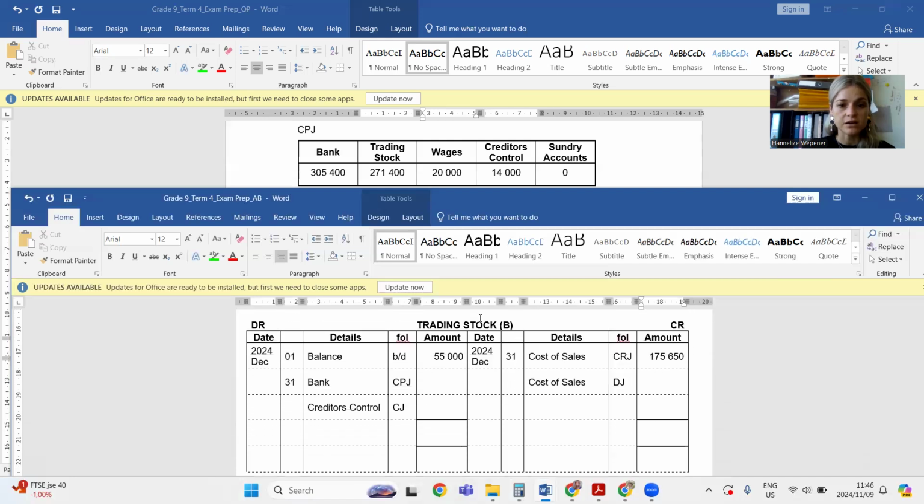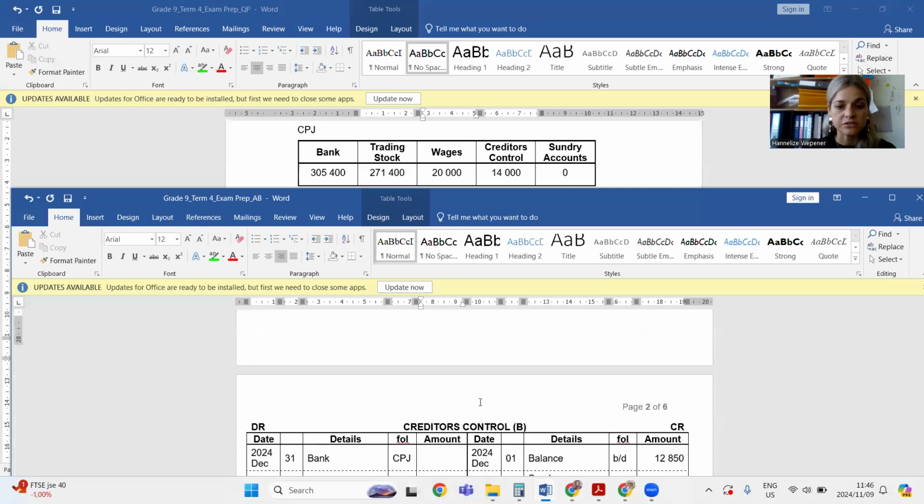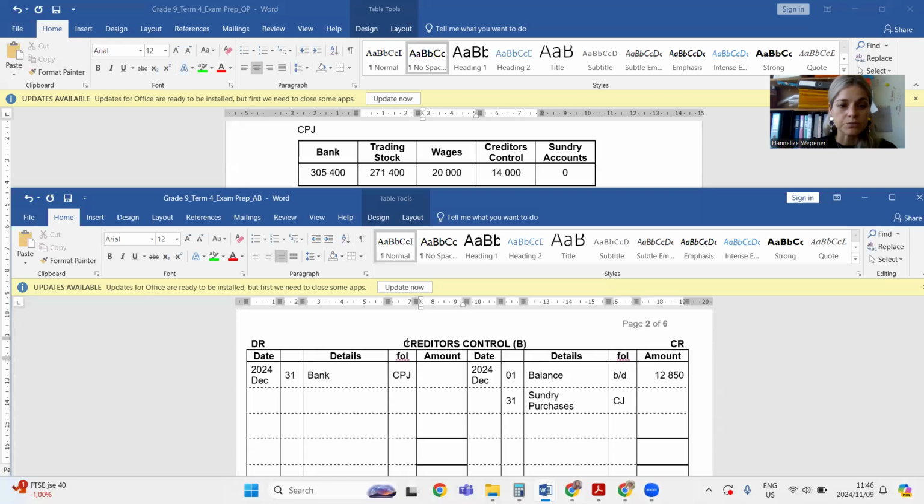So we go to trading stock. We purchase this cash, 271,400. We also paid for wages, but we don't have to do the wages account, so we're going to ignore that. And then we paid our creditors. We do have to do the creditors control. So we now owe this creditor less money because we paid 14,000 Rand.